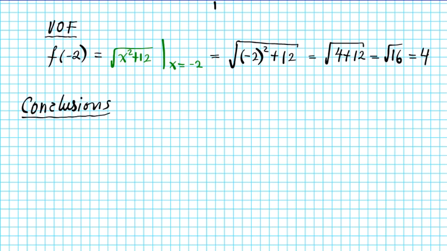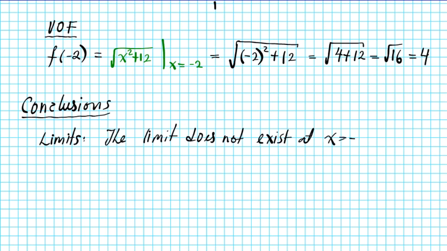Let's talk about limits first. What do you know about the limits? The limit does not exist at x equals negative 2. Why does the limit not exist? Because the left-hand limit of the function was not equal to the right-hand limit.